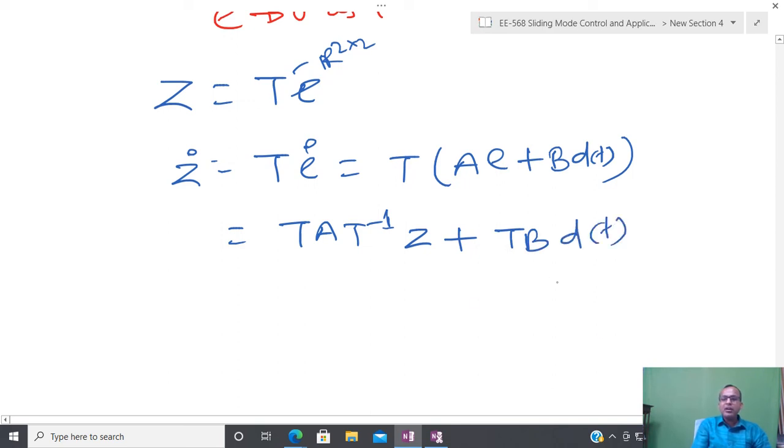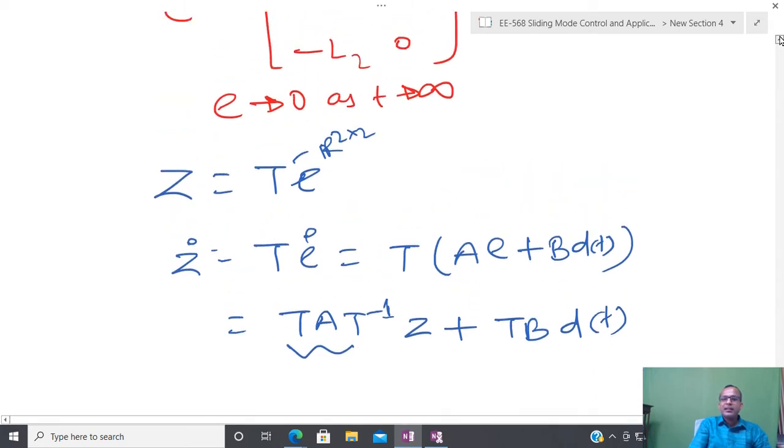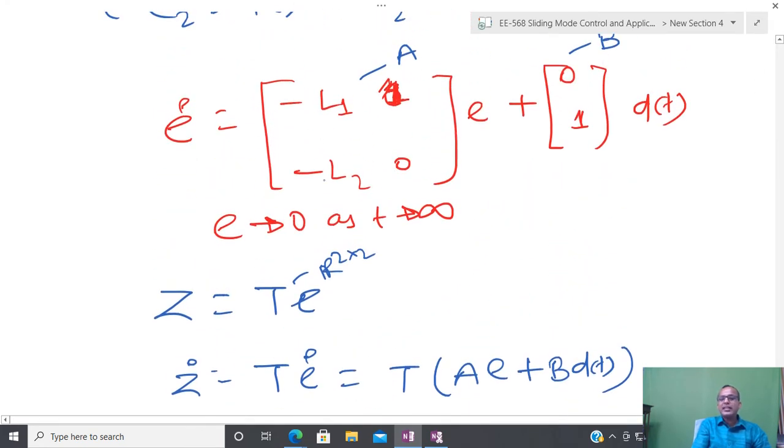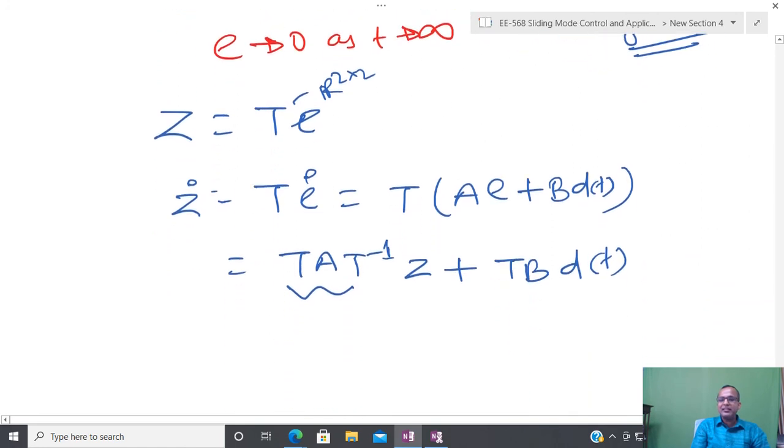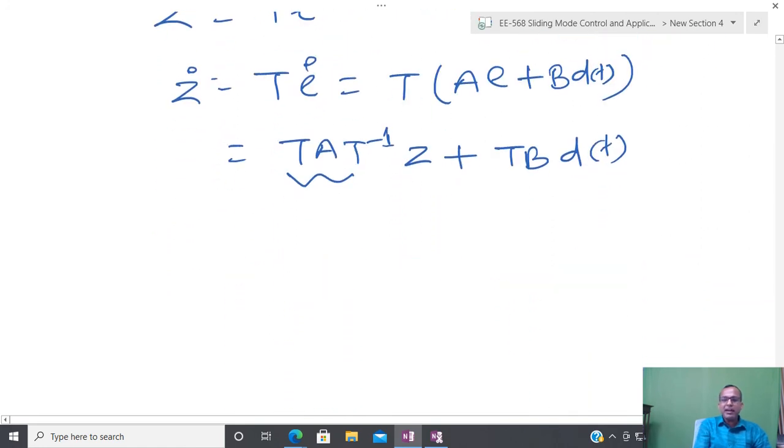Now you can see that I can select L1 and L2 such that the eigenvalues of this matrix, the eigenvalues of A, are strictly negative. So I can select lambda 1 and lambda 2 to be strictly negative, and I have already told you that after transformation the eigenvalues remain the same.